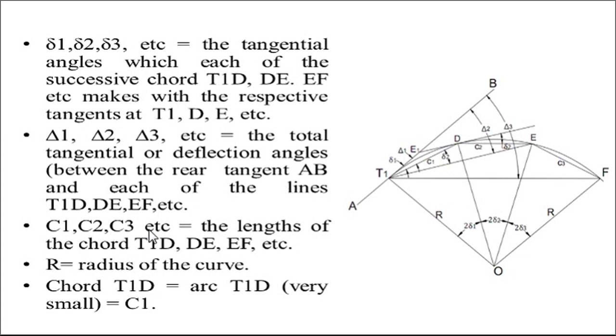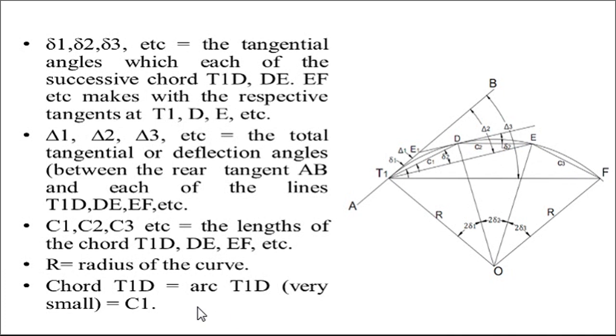Next, C1, C2, C3 are the lengths of the chords T1D, DE and EF. T1D is the first subchord, C1. Then DE is equal to C2. Then EF is equal to C3, the third chord length.